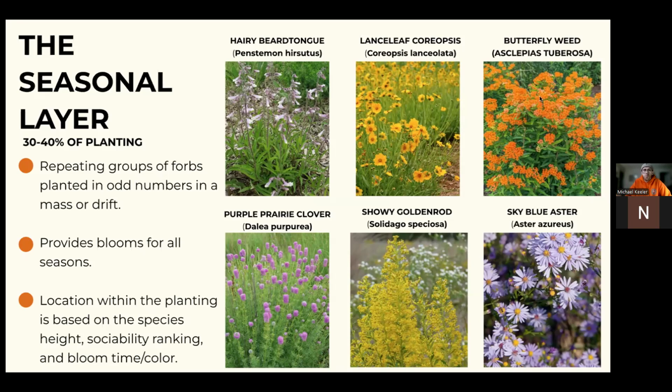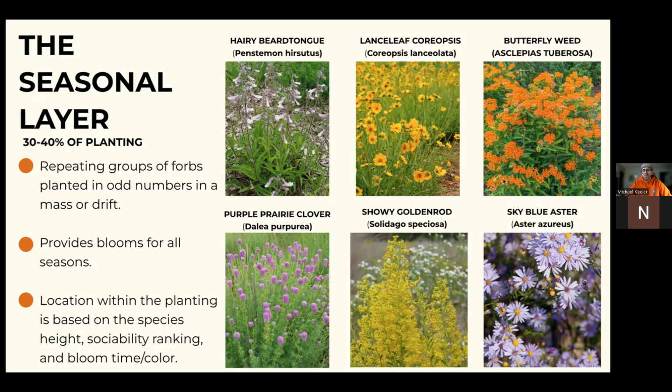But those I would normally plant in a drift, so it snakes through the middle of the landscape, because in the wild they form these colonies that snake through. Something like purple prairie clover, same thing. I really like to drift those through the landscape.